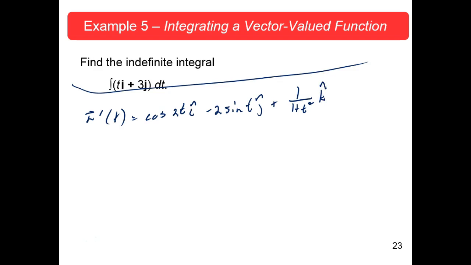Okay, find the antiderivative of that. Oh, that satisfies, I left off this: r of 0 is equal to 3i minus 2j plus k.